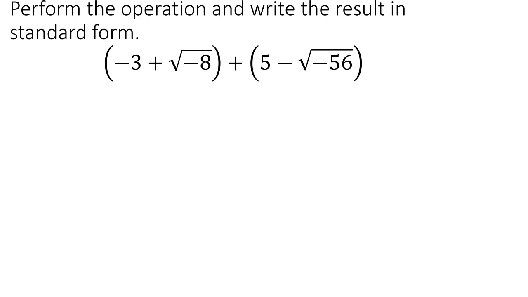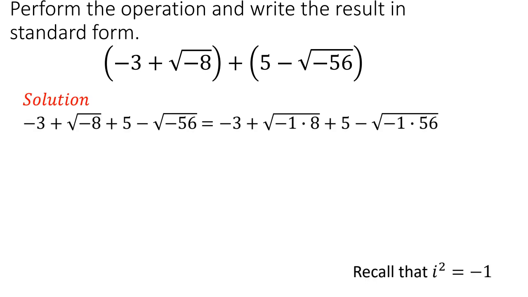So our first step that we need to do is to convert this into our complex form. Okay, so again, what you can do is this. Okay, so we have this format, the square root of negative 8. I can separate this into a product, negative 1 times a positive 8.